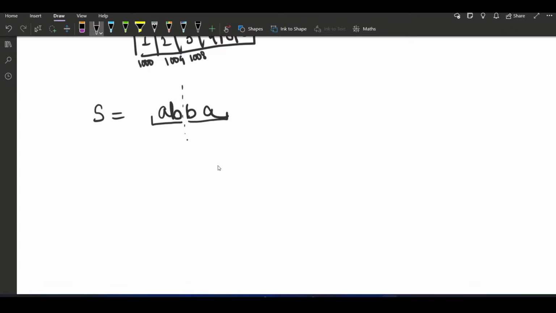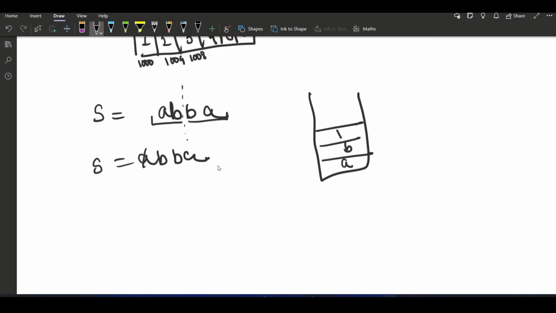Let me check. Suppose we are given the string s equals a b b a. In this case we'll be pushing all the characters starting from the first position into the stack. So a will be pushed, next b, next b, and next a. So our stack in this case will be a b b a.